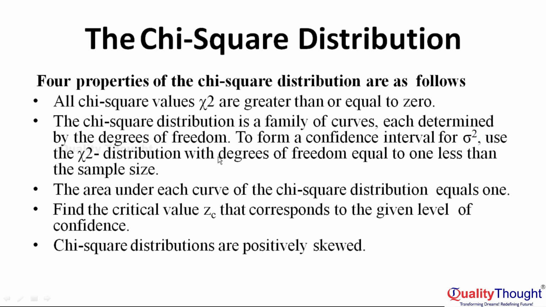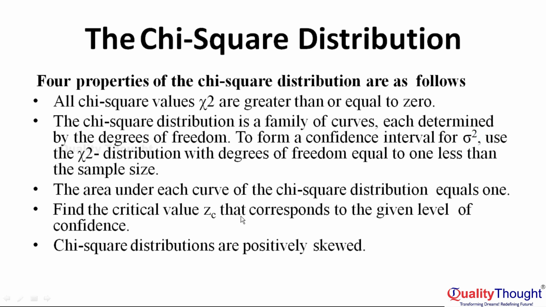Of course, we know the degrees of freedom is df equal to sample size minus 1. To form a confidence interval for sigma square, use the chi-square distribution with degrees of freedom equal to 1 less than the sample size. The area under each curve of the chi-square distribution equals 1. Of course, we know that.